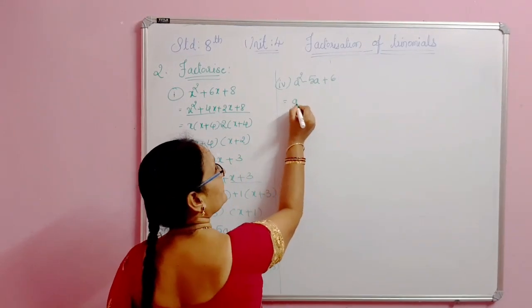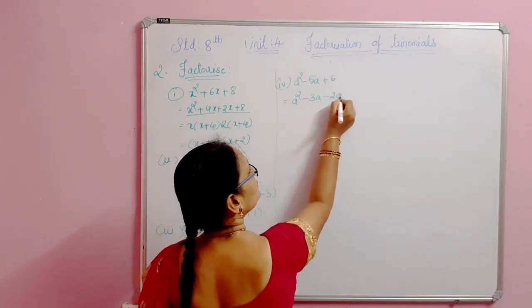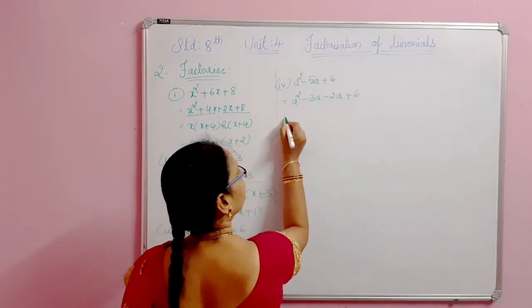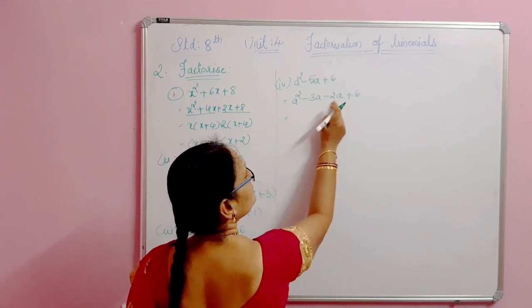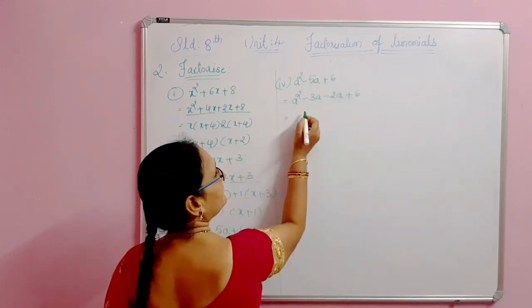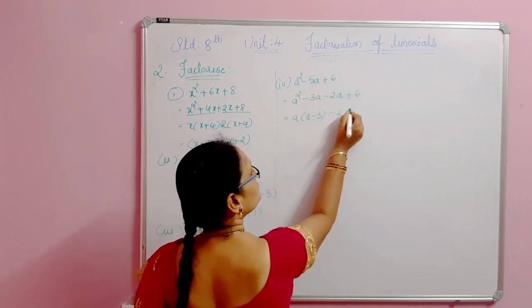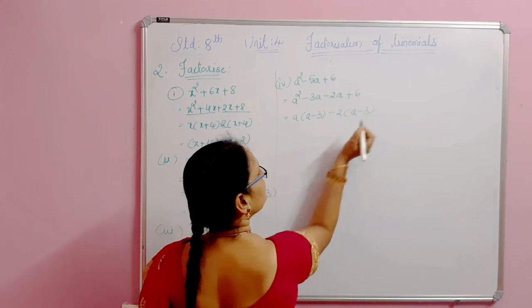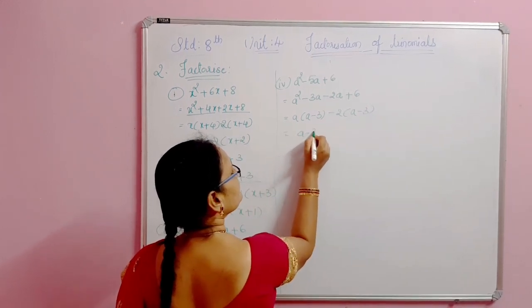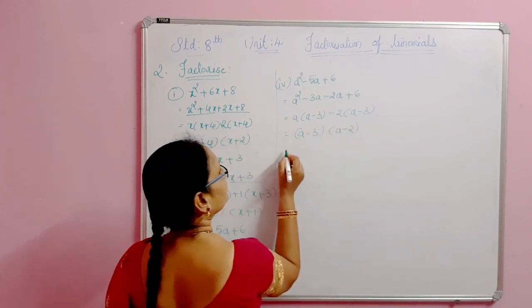So here we have to take a square minus 3a minus 2a plus 6. Minus 3 into minus 2 is plus 6. Minus 3 plus minus 2 is minus 5. So a is common, a minus 3. Minus 2 is common, a minus 3. So a minus 3 is common, then a minus 2.